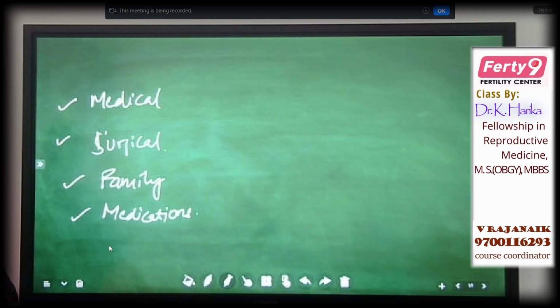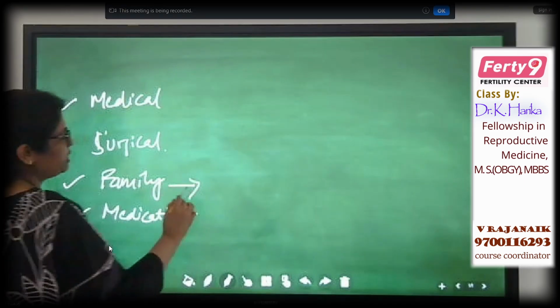Because suppose if a doctor performs an operation on an inguinal hernia, accidentally there may be damage to the vas deferens. Ultimately he'll land up in infertility. So any inguinal hernia repair, hydrocele repair, varicocele surgery, orchidopexy, everything we have to ask the patient.